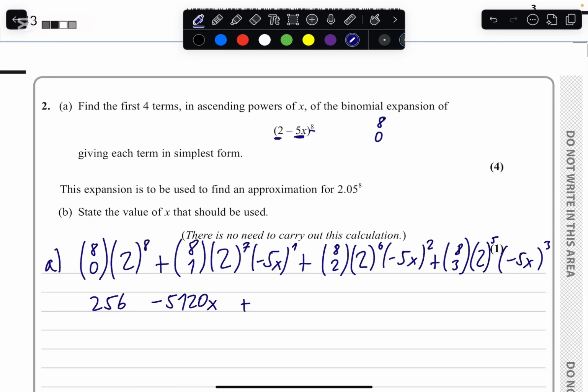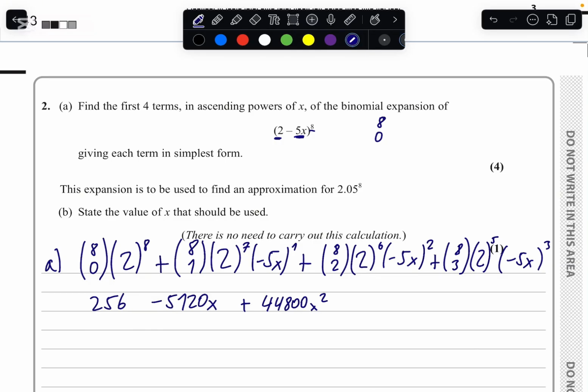Then you go on to the next term. In this case, this is 1792 times minus 5 squared. So we times it by 25. We get 44,800 x squared in this case.